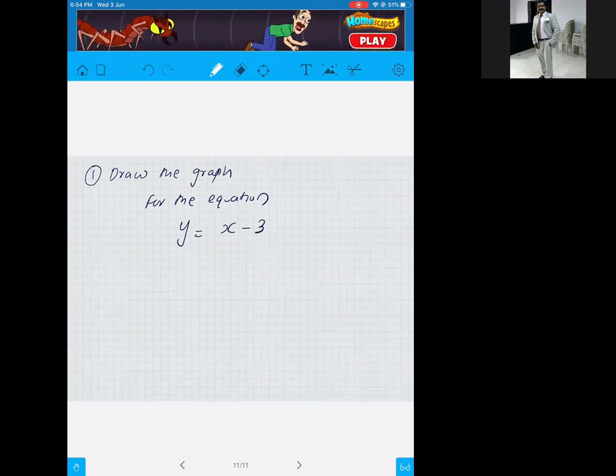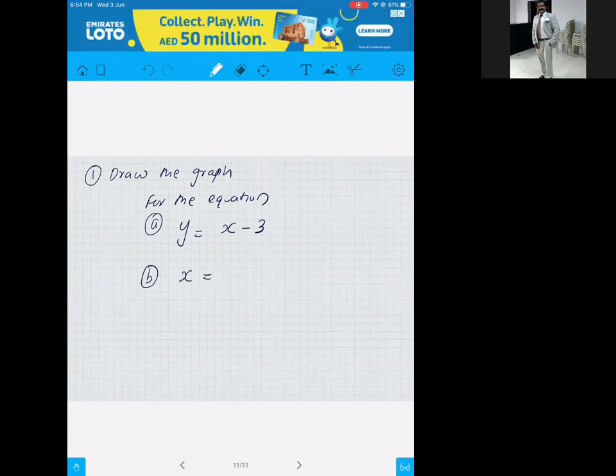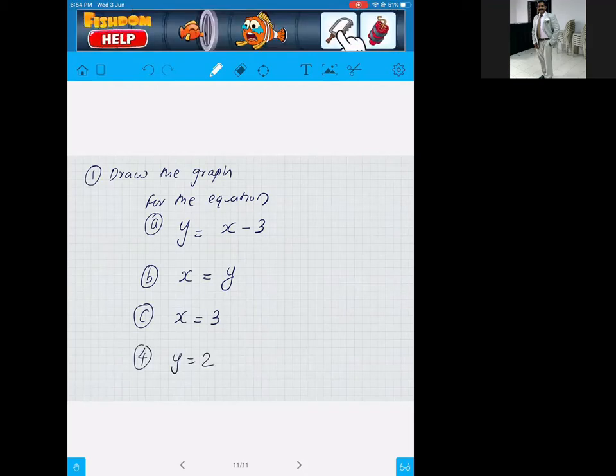Then the second equation, x is equal to y. Third equation, x is equal to 3. Fourth equation, y is equal to 2. So we need to draw the graph for these four cases.